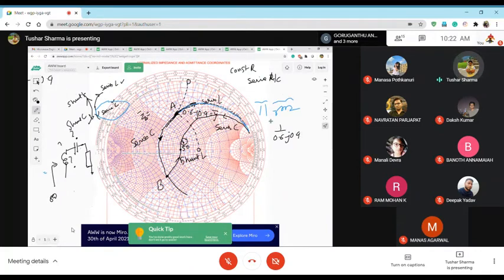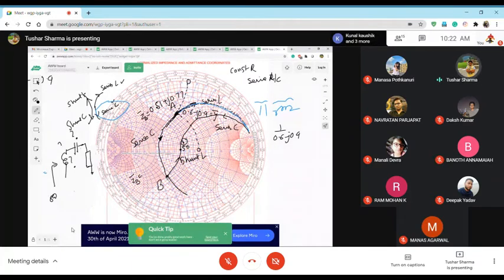So this will be 1 over, this will be 0.5 plus J 0.77. Okay, now B's impedance will be how much? Let's try to calculate ZB.